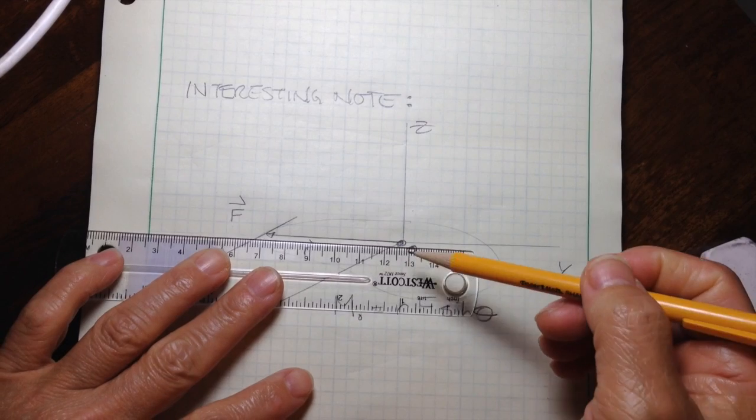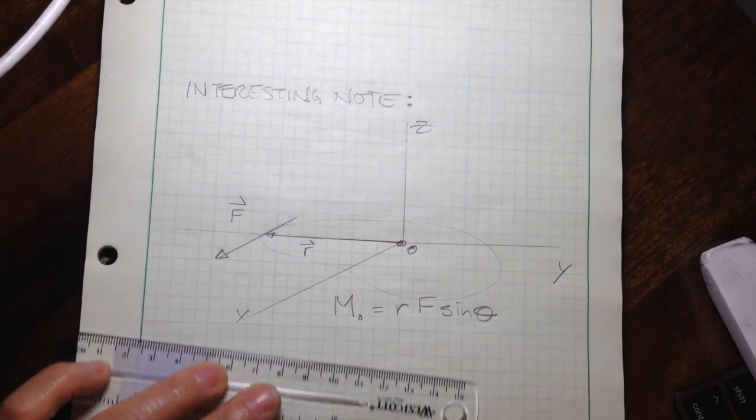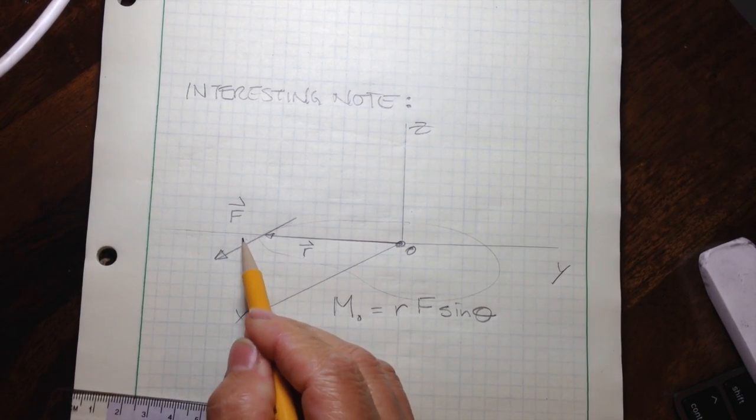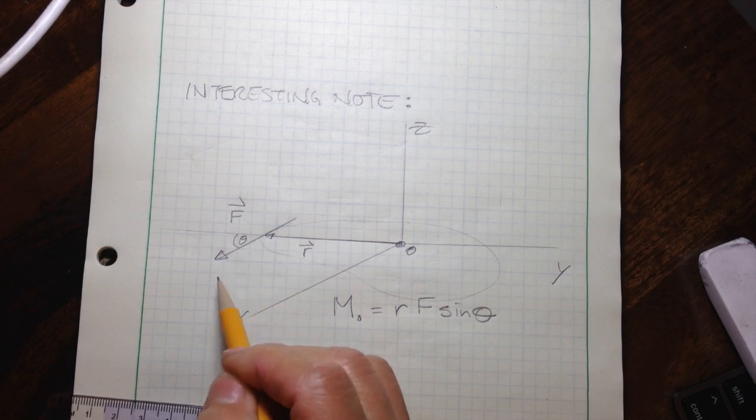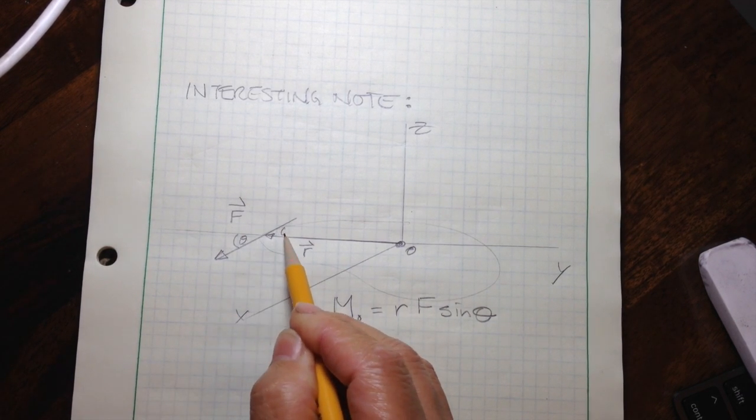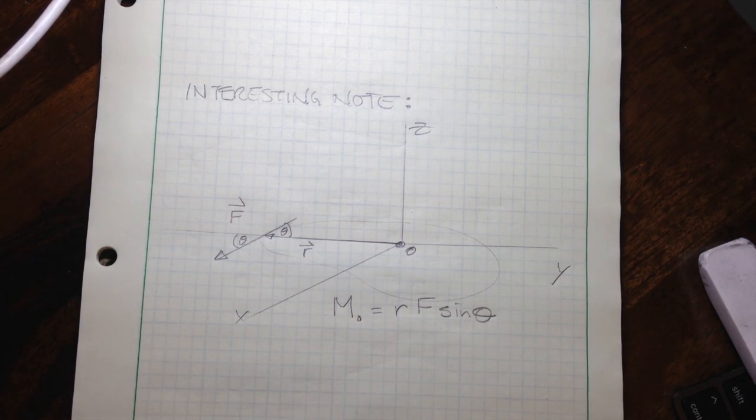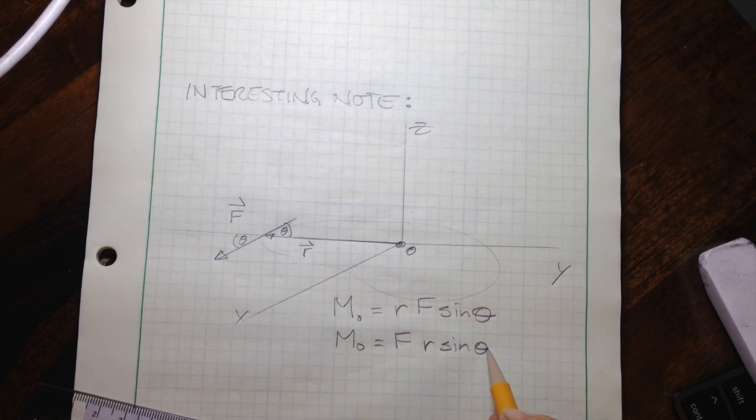So what I have to do is draw this extension line, and this would be the angle between the two vectors, theta, and this would also be theta. I'm going to rearrange this and write it like this. The moment about O is the magnitude of the force vector times r sine theta.